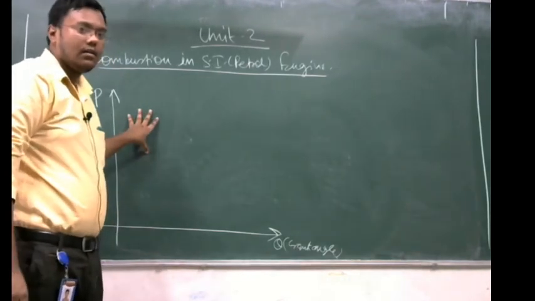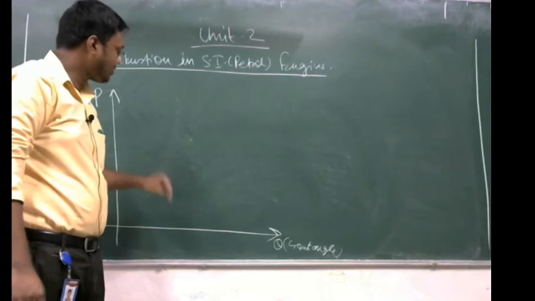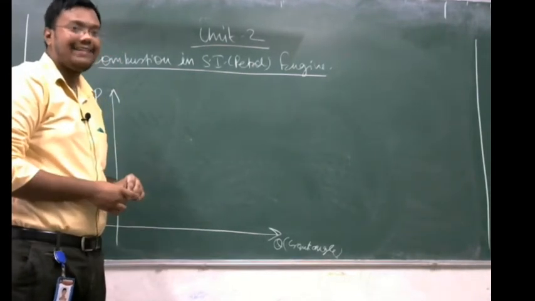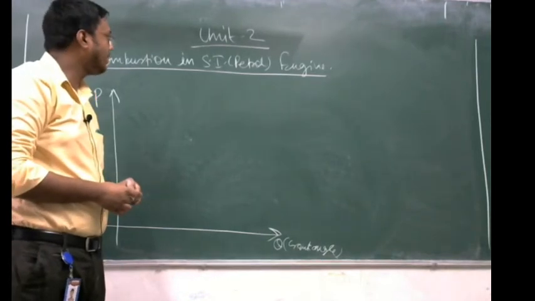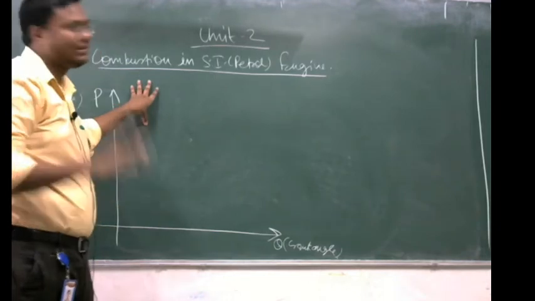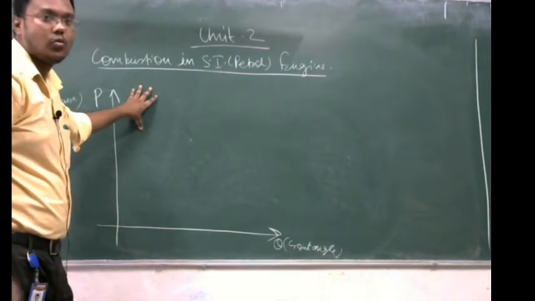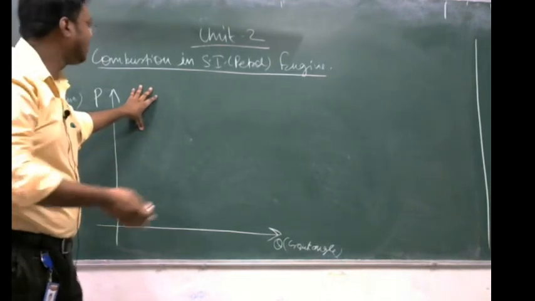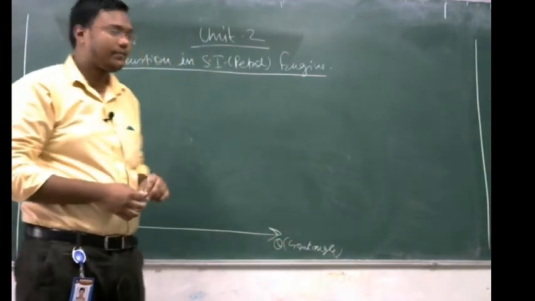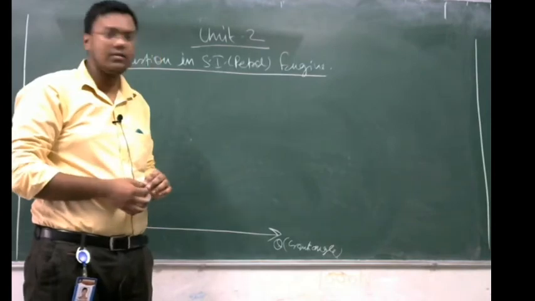Why? Because with combustion there is also a rotation of the crank. Combustion does not take place in a single stage; it takes place in 3 stages. To understand all those stages we have to understand the rotation of the crank also. We have discussed the rotation of the crank on the valve timing diagram.